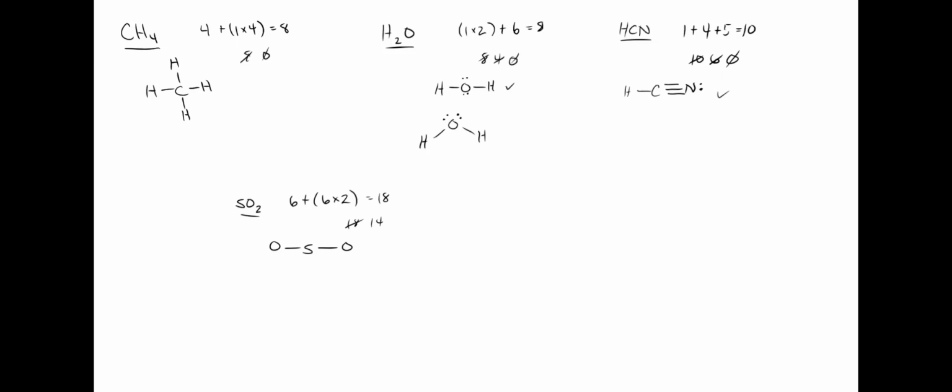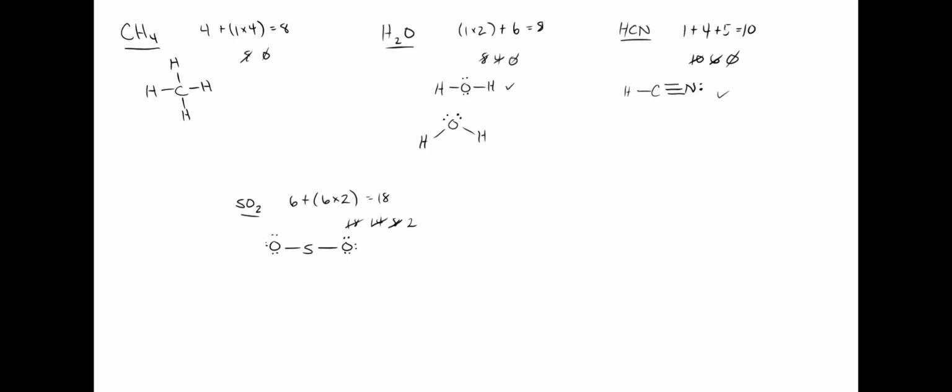So if we've got 14, this oxygen needs 6 more electrons. 2, 4, 6. And this oxygen needs 6 more. 2, 4, 6. And so we're down to 2 electrons. You can't start making double or triple bonds at this point.